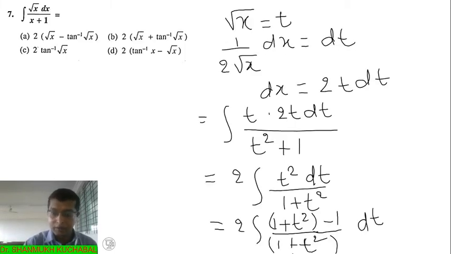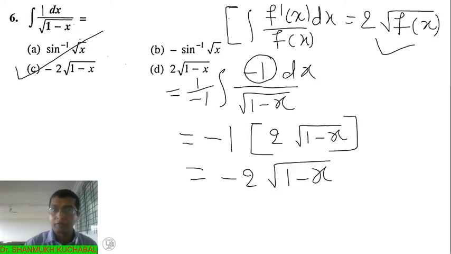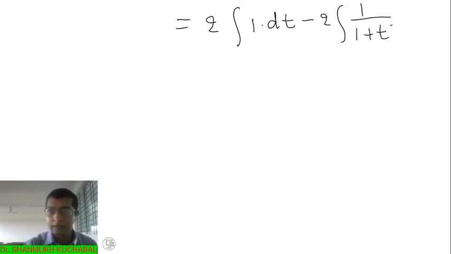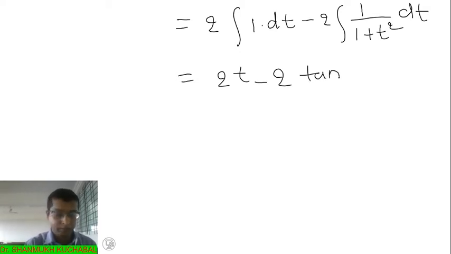Similarly, second term divided by denominator will do, it is minus 2 times 1 divided by 1 plus t square into dt. Okay, so further, 2 as it is, integration of 1 is t, minus 2 as it is, integration of 1 divided by 1 plus t square is tan inverse t.